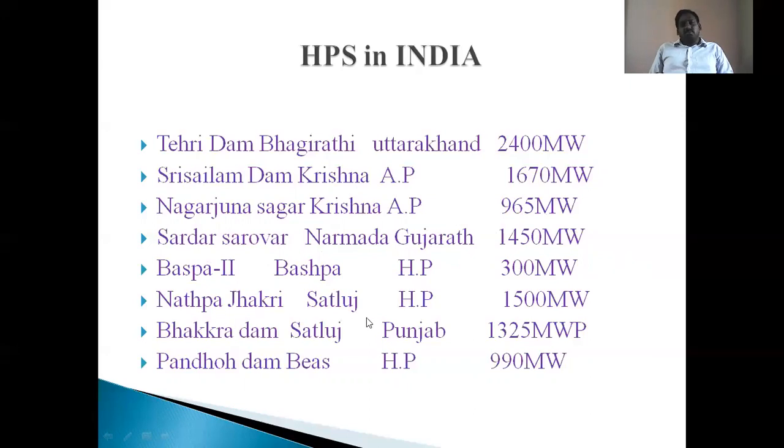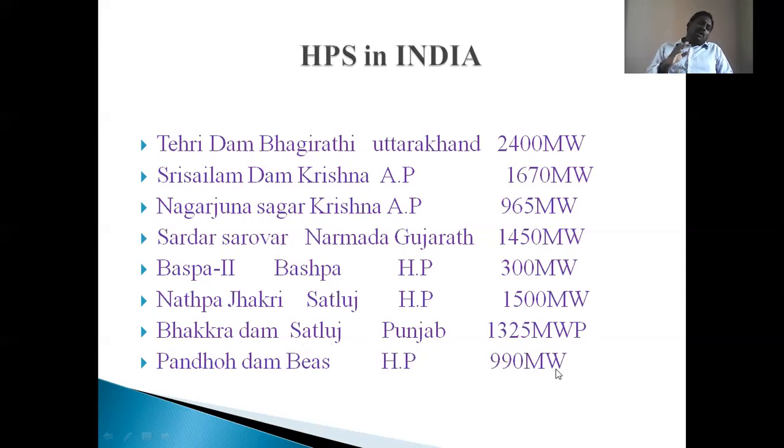Nathpa Jhakri, which is on Satluj river, in Himachal Pradesh, whose capacity is 1500 megawatts. Bhakra Dam, on Satluj river, in Punjab, capacity 1325 megawatts. Finally, Pandoh Dam, on Beas river, in Himachal Pradesh, installed capacity 990 megawatts.